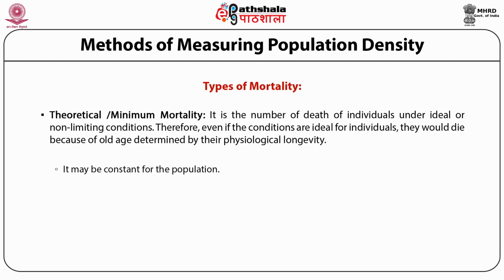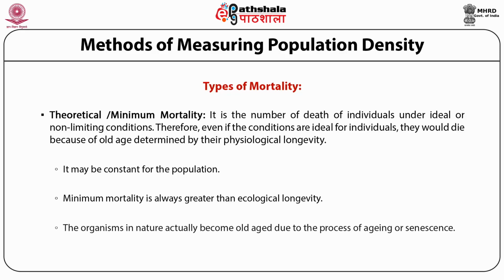It may be constant for the population. Minimum mortality is always greater than ecological longevity. The organisms in nature actually become old-aged due to the process of aging or senescence.